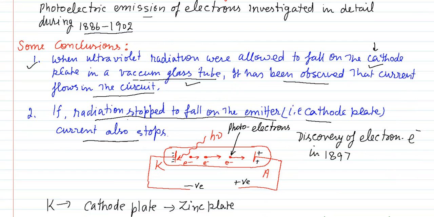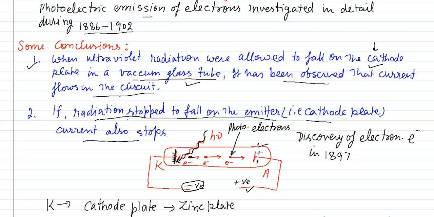Here you can see this is the cathode plate, connected to the negative terminal of the battery, and this is the anode plate connected to the positive terminal. When light of a particular frequency falls on the surface of the cathode plate, electrons absorb enough energy to overcome the attractive force and escape.